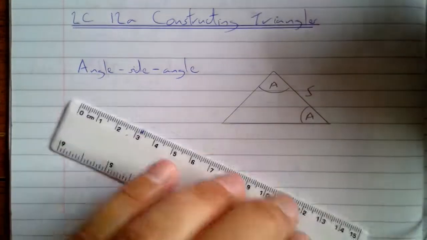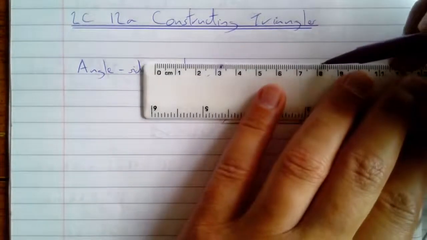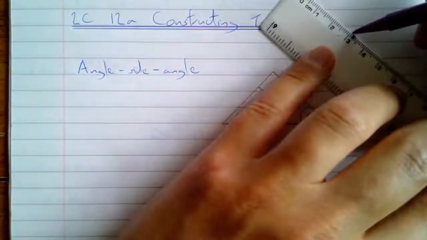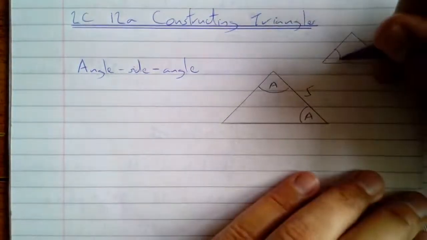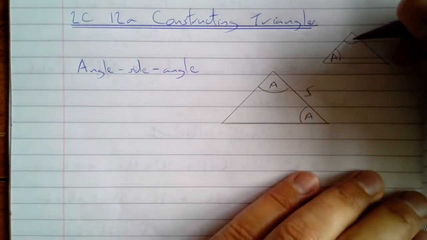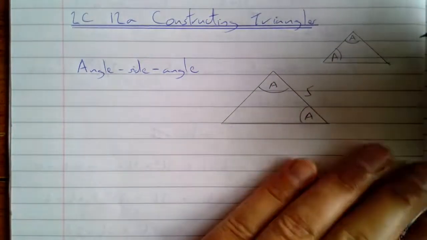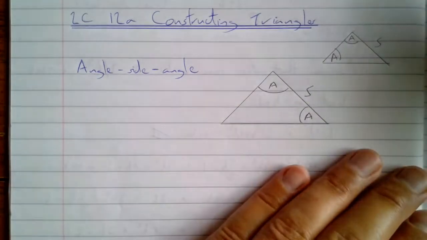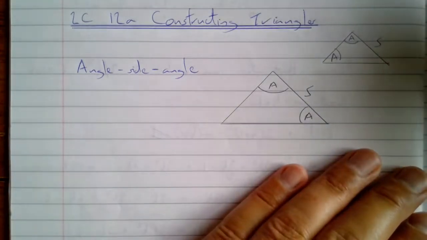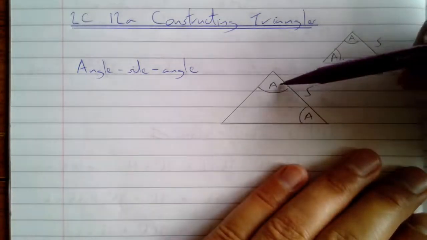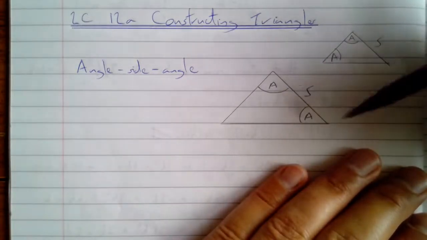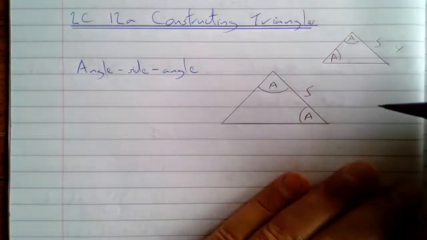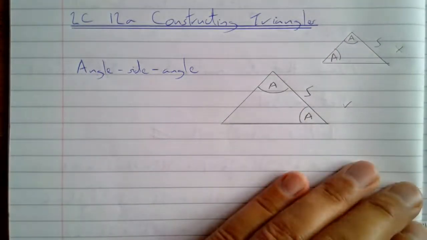I haven't got, for instance, two angles together, adjacent to each other in a triangle, and then a side not squashed between those angles. For angle, side, angle, the side has to be between the two angles you've been given for this to work. So this is not good, this is yes, that's good.